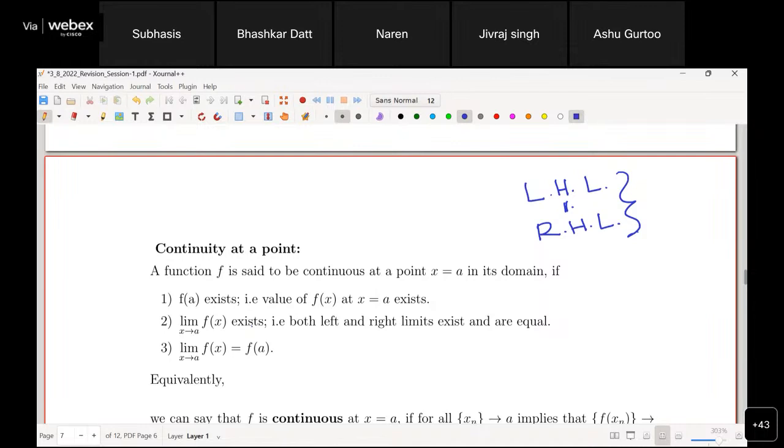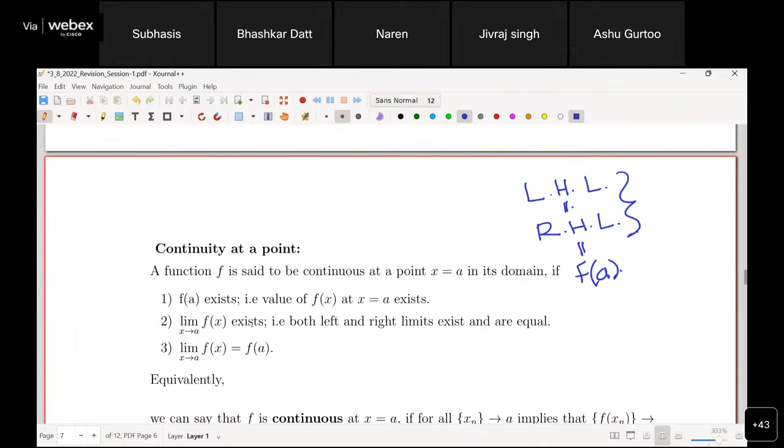For continuity, first you need to check whether the limit exists or not. If the limit doesn't exist, then the function is not continuous. If the limit exists, and both the left hand limit and right hand limit are the same as f of a, the value of the function at that point a, then you say that the function is continuous.